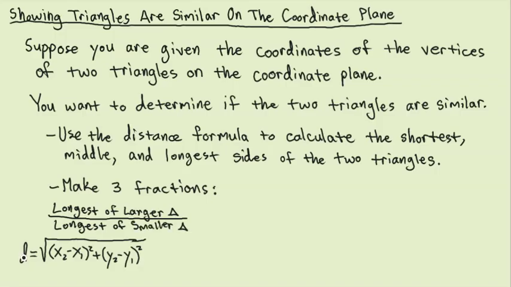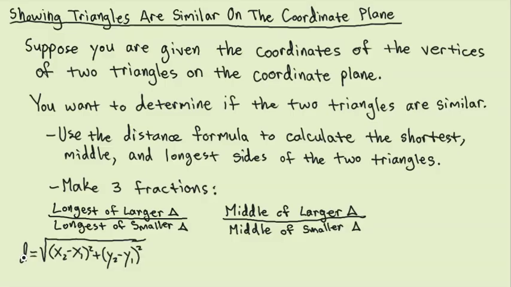The second fraction is going to be the middle side of the larger triangle divided by the middle side of the smaller triangle. And of course, the third fraction is going to be the smallest side of the larger triangle divided by the smallest side of the smaller triangle.